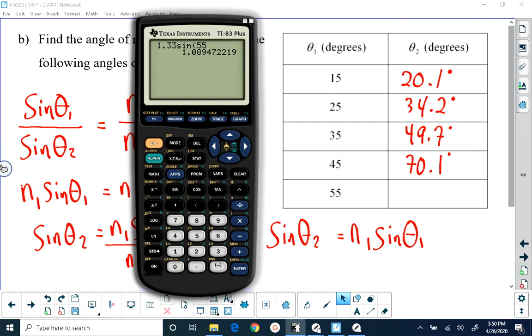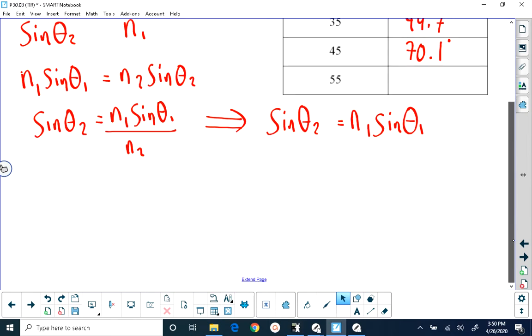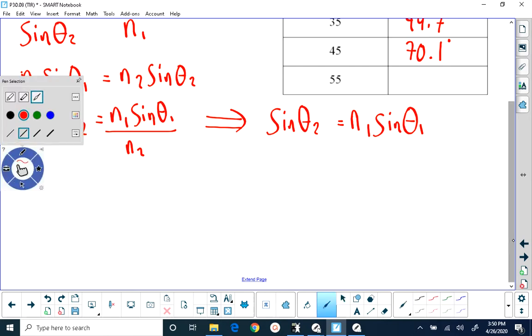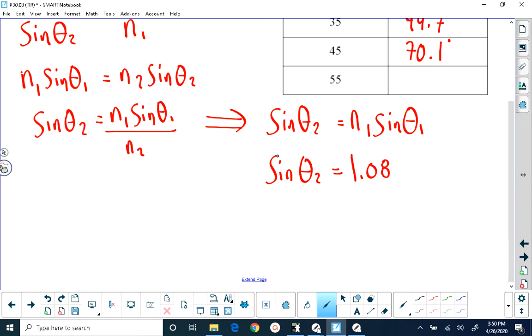So what I'm saying here for that 55-degree angle of incidence is that the sine of the angle of refraction that I'm trying to solve for is bigger than 1, and the sine of an angle cannot be bigger than 1. There's all kinds of reasons why we know this. If you look at a right triangle, sine is opposite over hypotenuse.